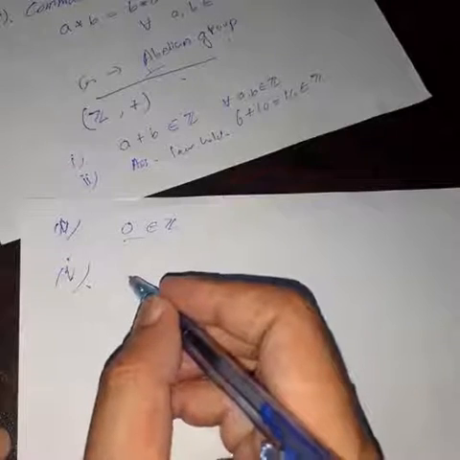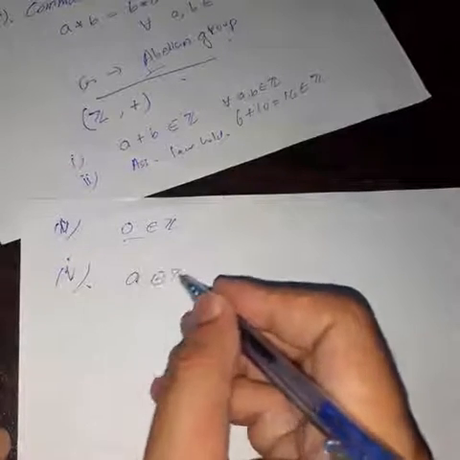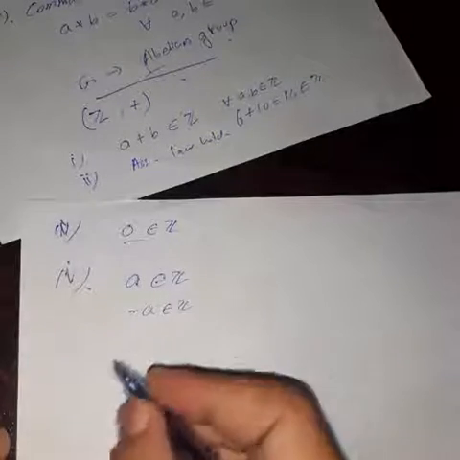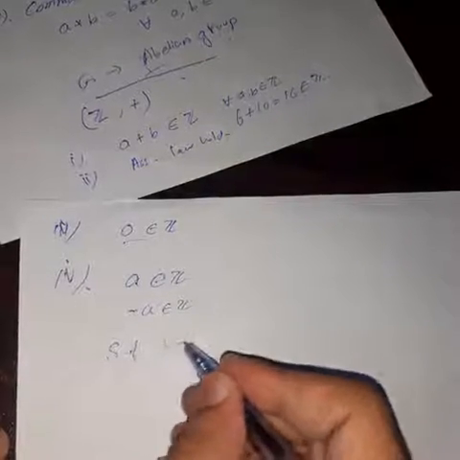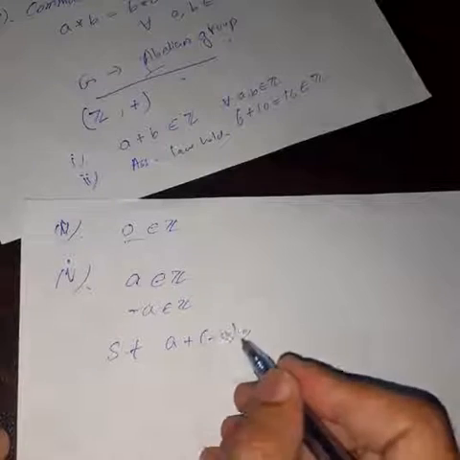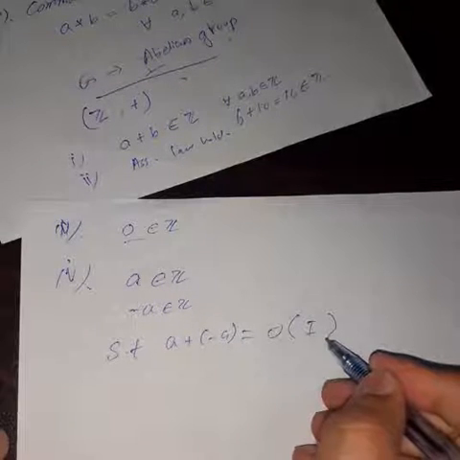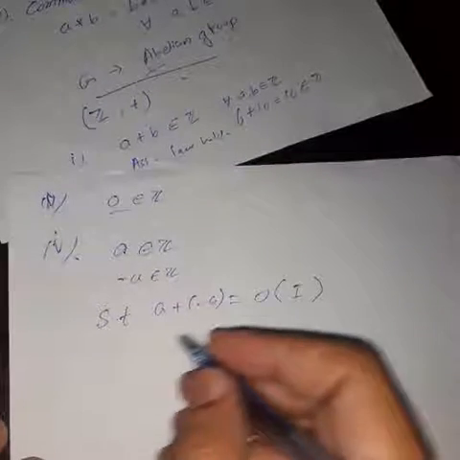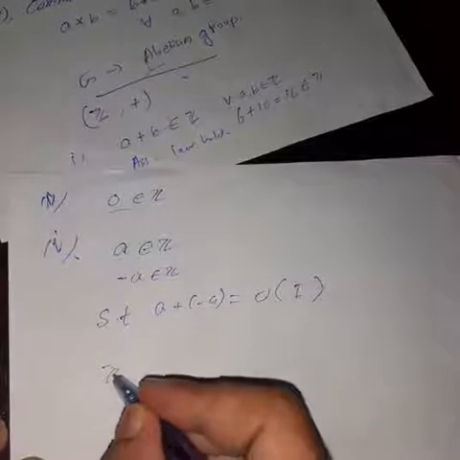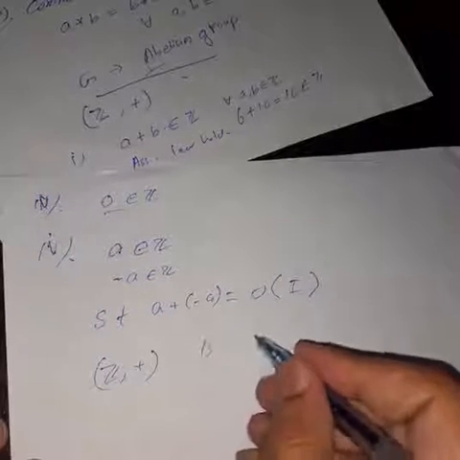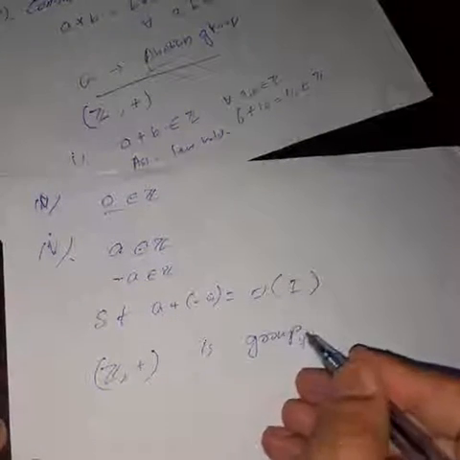For example, for all a belong to Z, there must be -a belong to Z, such that a plus -a is equal to 0, that is, the identity. So we say that integers under addition is a group.